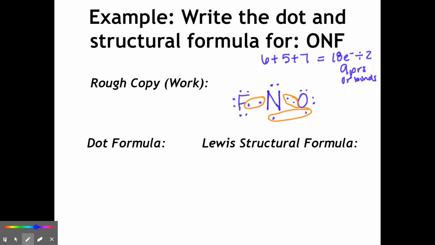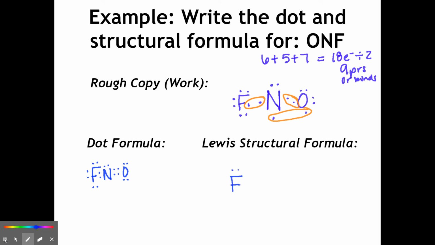When drawing my dot formula, I'm just going to put those dots in between. Remember, there are 4 dots that are circled between the N and the O, so I have 4 dots there. Now for my Lewis structure, I'm going to replace the circles with lines.